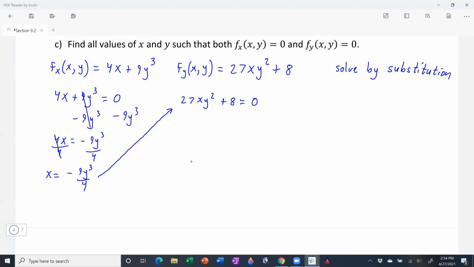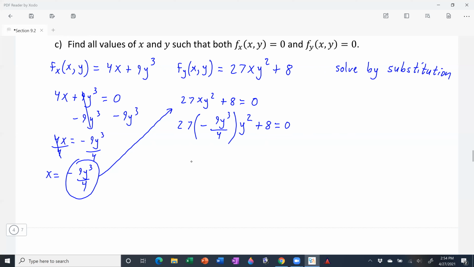Okay, so just pure algebra at this point. We're just solving by substitution. So in this equation, we're going to replace x with this thing. So that x right there is going to be replaced with negative 9y cubed over 4. And then there's that y squared that's also there. And plus 8 equals 0.